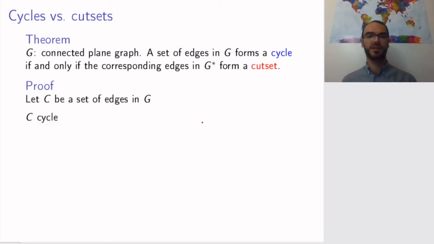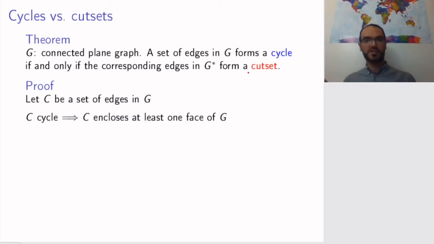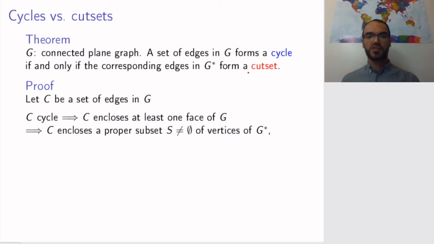So take a set of edges in G. First, let's prove that if this set forms a cycle, then the corresponding edges in G star form a cutset. So if it forms a cycle, any cycle encloses a bunch of faces of G. So it encloses a set of vertices of G star. Why is the set of vertices non-empty?